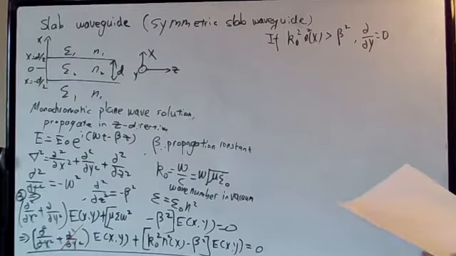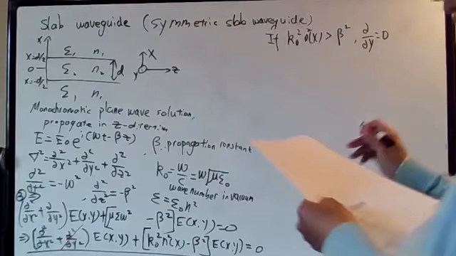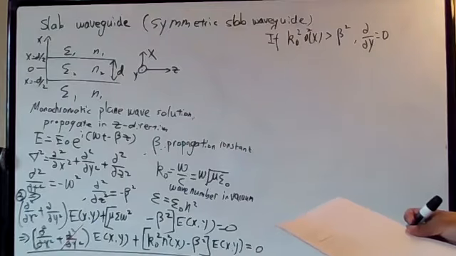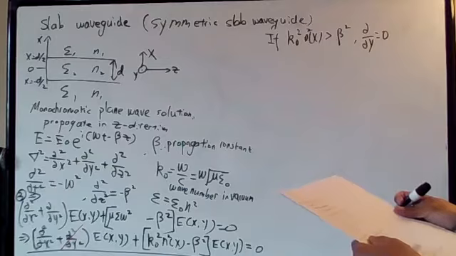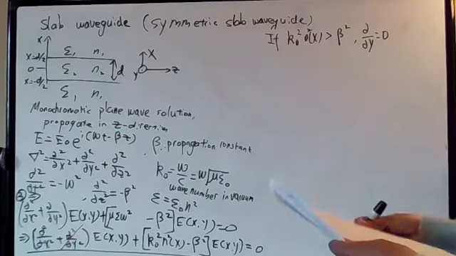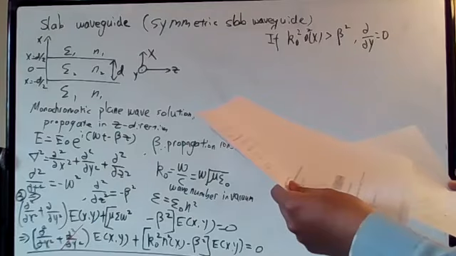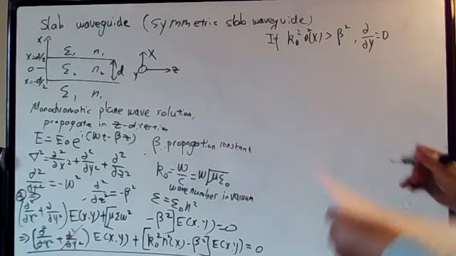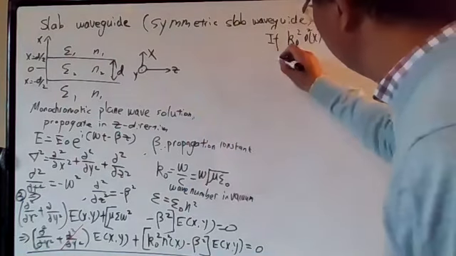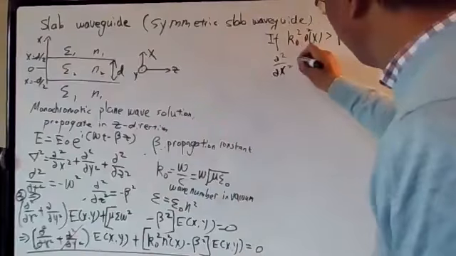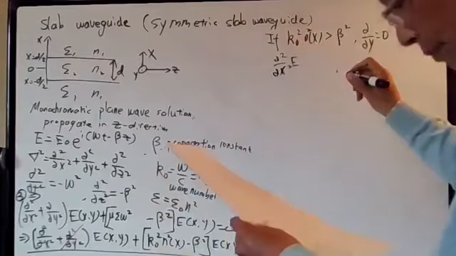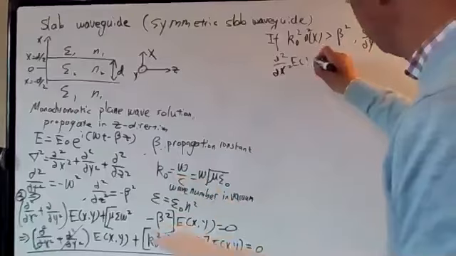This is positive. So in this case, if this is positive, then what we have is, let's move it to the right-hand side, and the partial x is less than. Okay. So let's write this equation, partial x, right? Square E. Let me write this as E x, right?